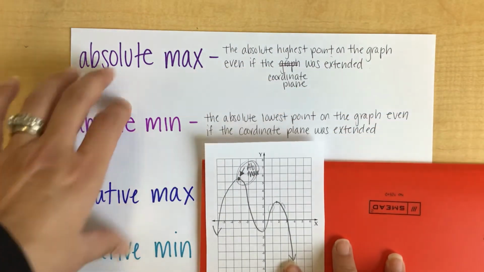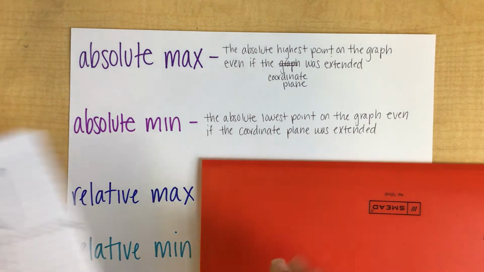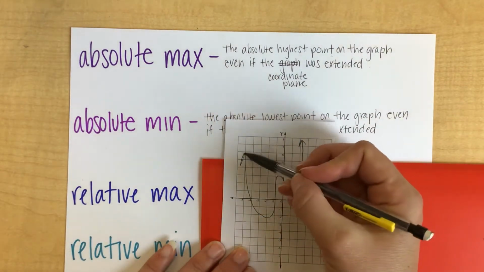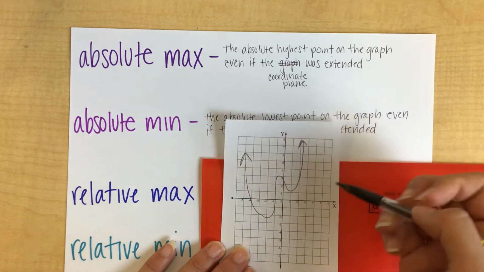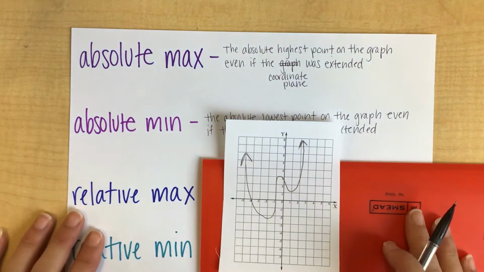And then this is the same thing here, the absolute min, except we're just talking about the lowest point on the graph. So the absolute min here would be the absolute lowest place. Notice that both my arrows are going up, so these are gonna keep extending forever and ever. So I'm not gonna have an absolute max on this graph.